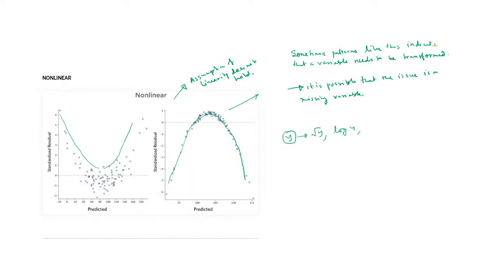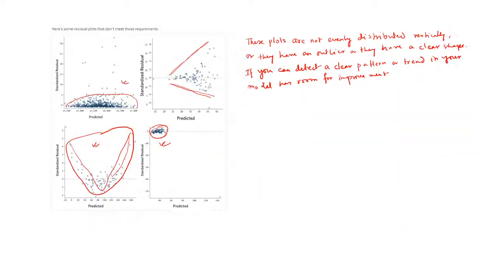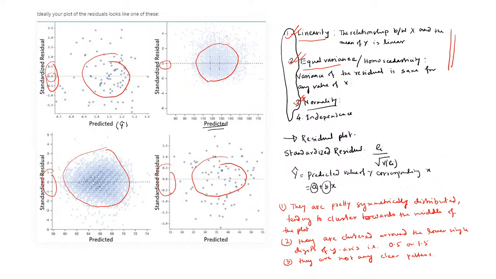So, if this type of thing occurs, that means there is a clear indication of an outlier.